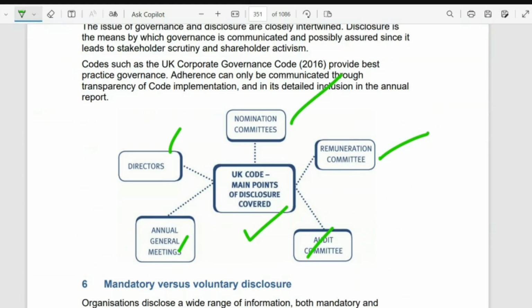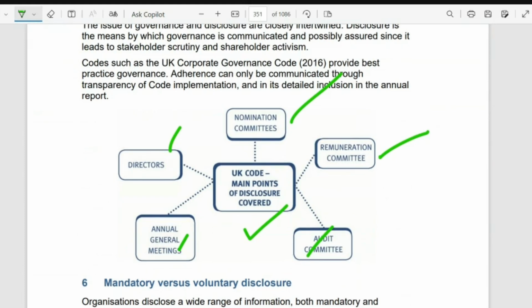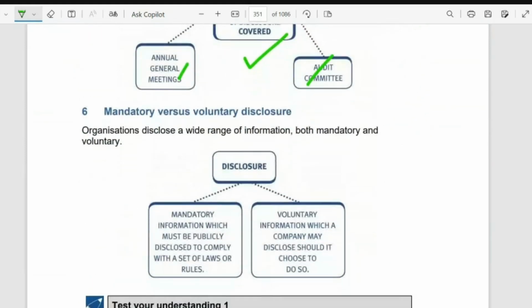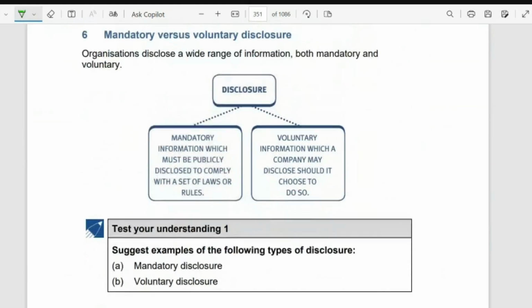Mandatory versus voluntary. As we discussed earlier, mandatory is information which must be publicly disclosed to comply with a set of laws.